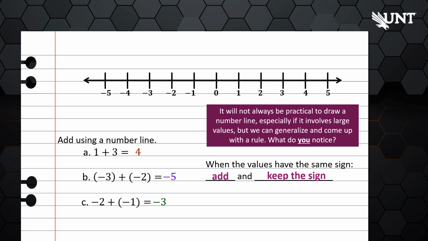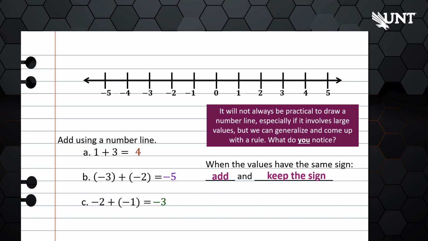Looking back at example A, 1 plus 3, we add the values 1 plus 3, which gives us 4, and then we keep the sign. Because 1 was positive and 3 was positive, our value remained positive 4. Looking at B, we had negative 3 plus negative 2.